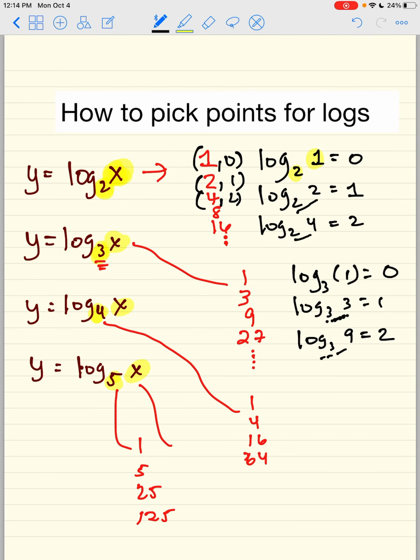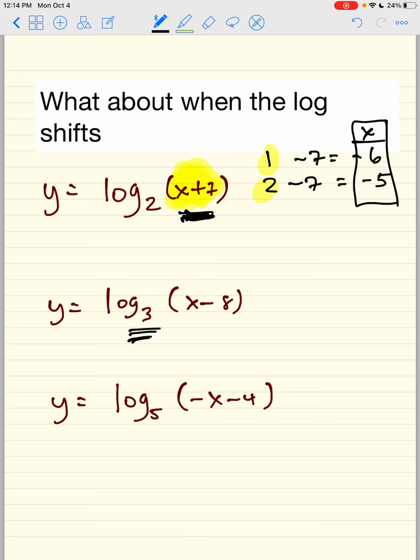These are your standard, guys. 1, 2, 4, 8, 16. These are your standard 1, 3, 9, 27, and so on. So when you go here, you go 1, 3, 9, and so on. But this got shifted 8 units to the right. So add 8, add 8, add 8. Let's see what happens when you add 8.